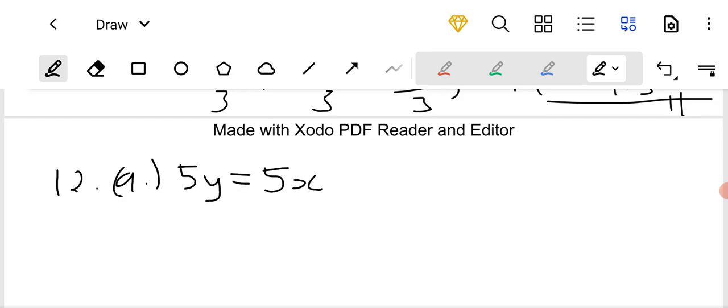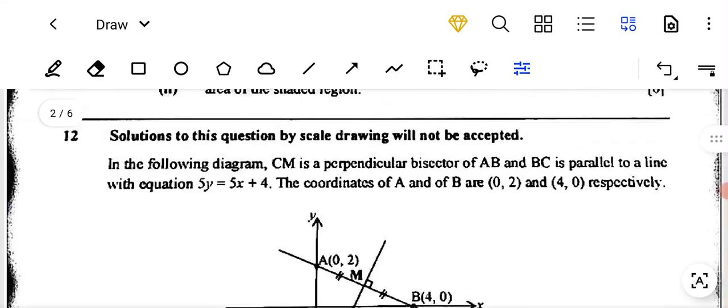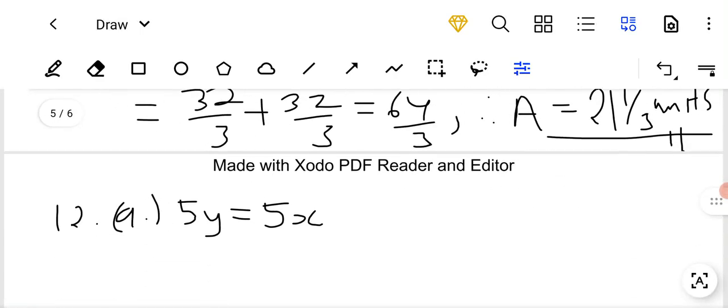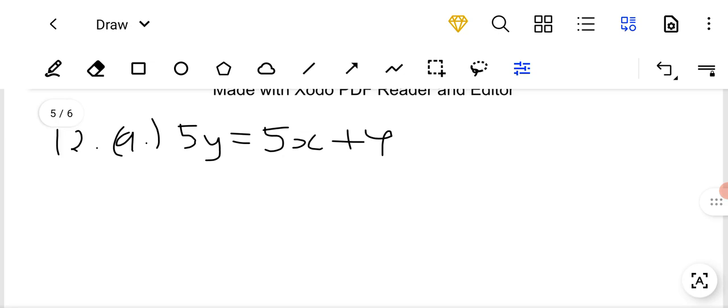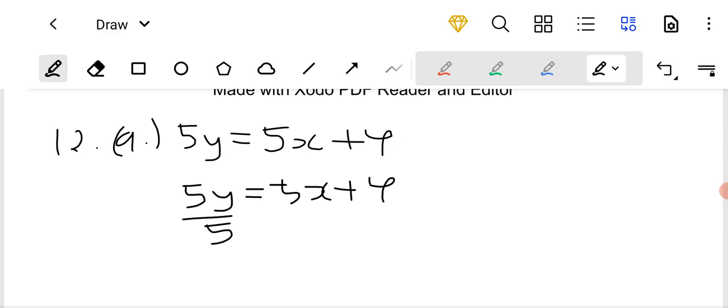This is the only thing I remember. BC is parallel to this. So 5y is equal to 5x plus 4. You divide by 5, divide by 5, divide by 5.